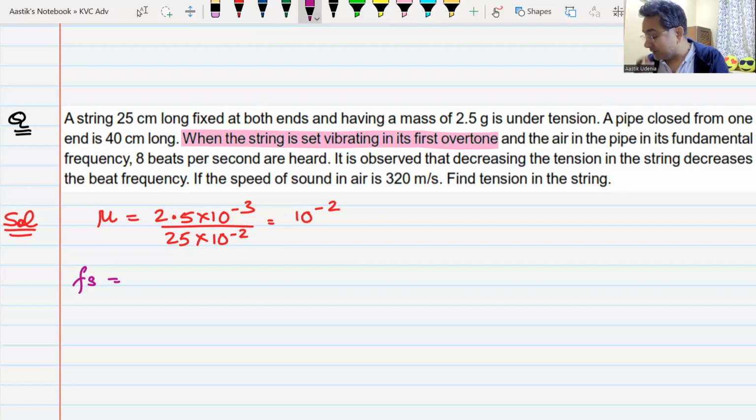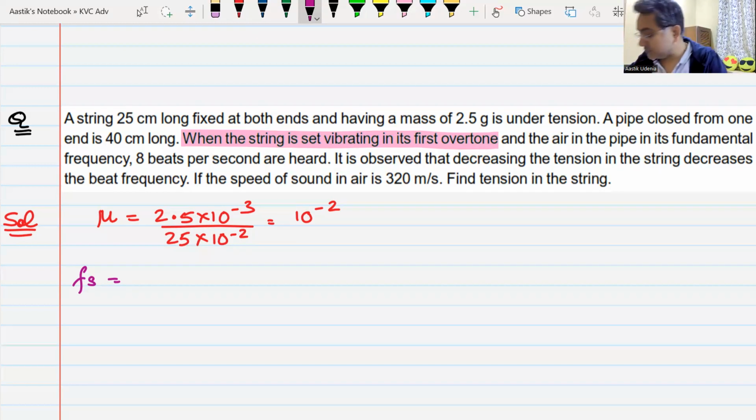How much will be its lambda? Sorry, the first overtone, no, sir. The string is fixed at both ends.